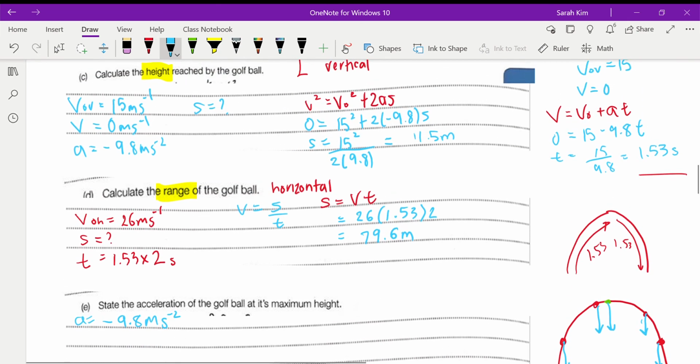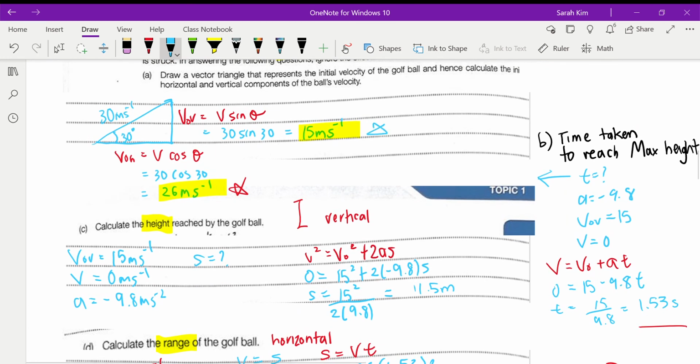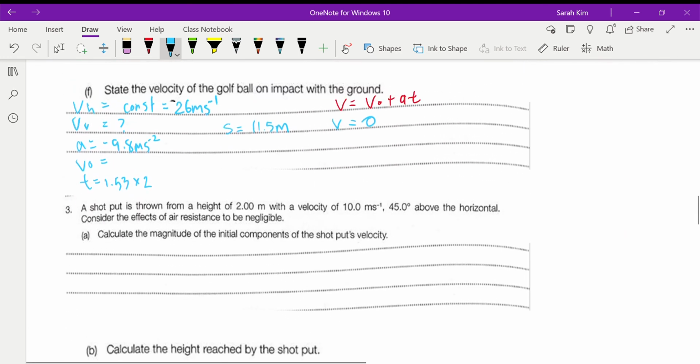My V0 is over here, 15 meters per second. So V0 is 15, plus negative 9.8 times T, which is 1.53 times 2.